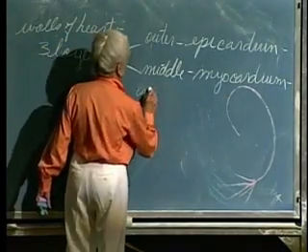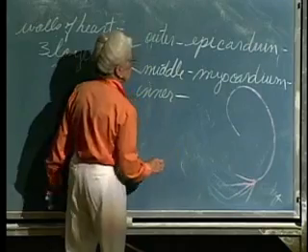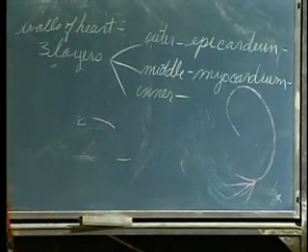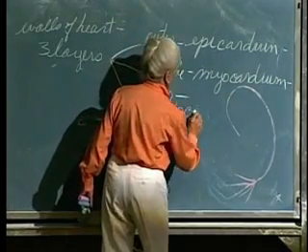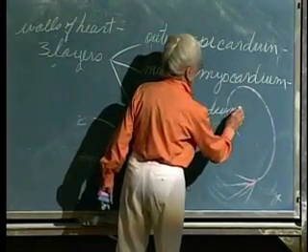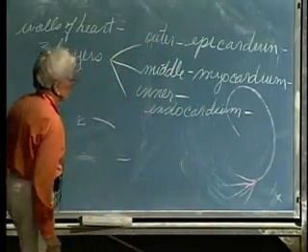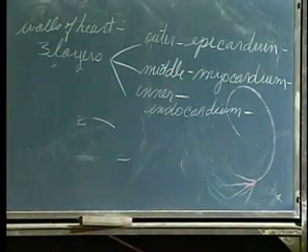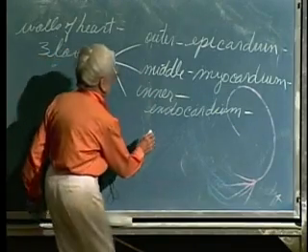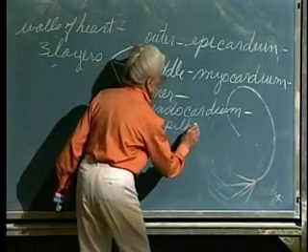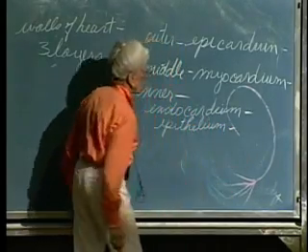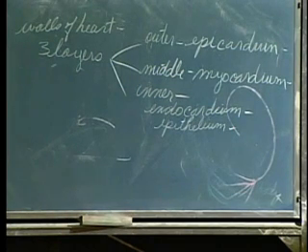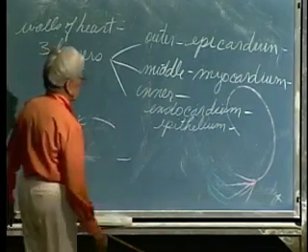And then the inner is called what? Endocardium. Endocardium. So we'll see that it's a type of epithelium. They call them endothelial cells specifically, but it's a type of epithelium again.